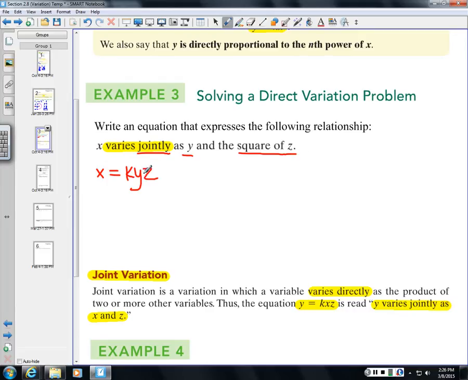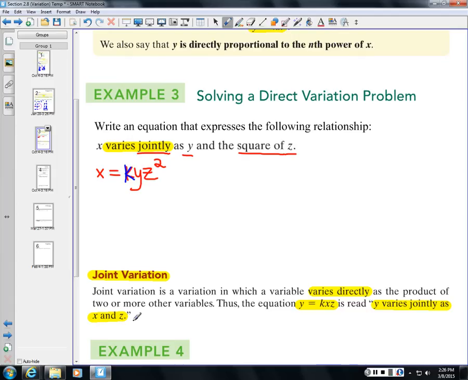So I'm going to square the z. So it's pretty much at face value. It's kind of point blank out there. You just have to be able to interpret it. Okay, there's nothing really hidden. They're giving you x, they're telling you how it varies, and then what variable it varies as. Don't forget that this k is going to be in every single one of these problems. K is just part of the variation part.